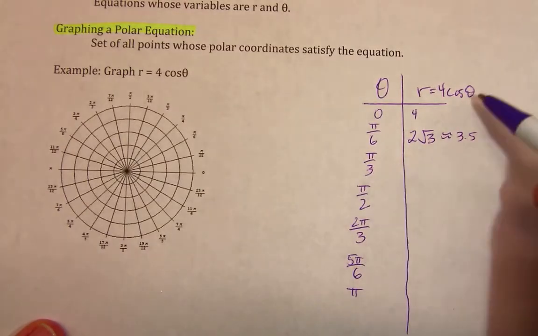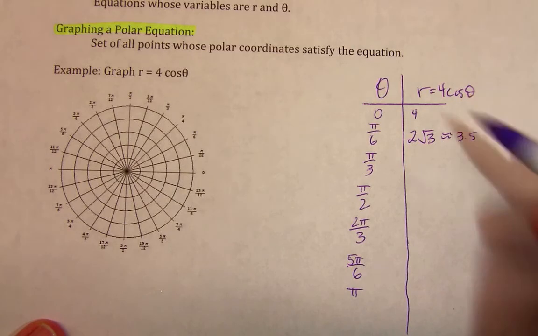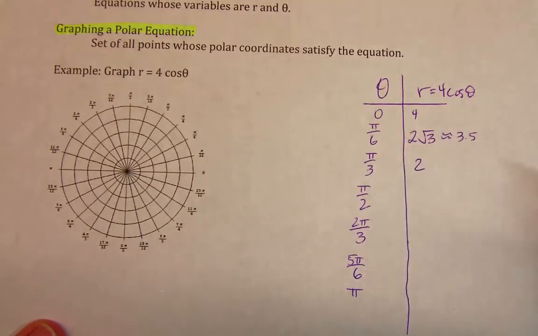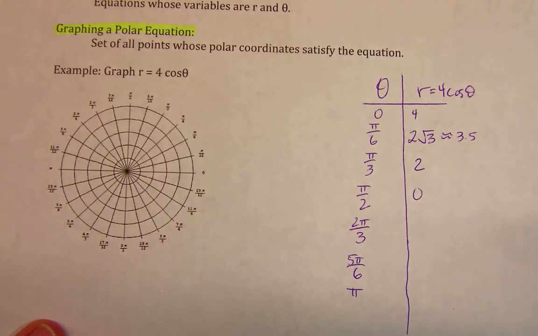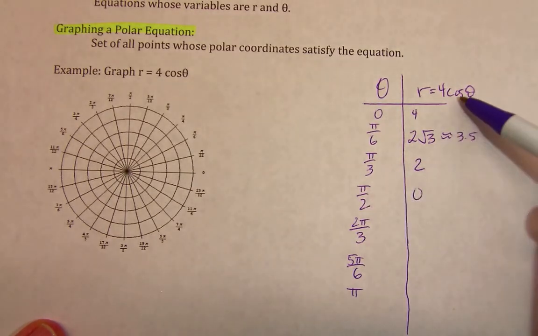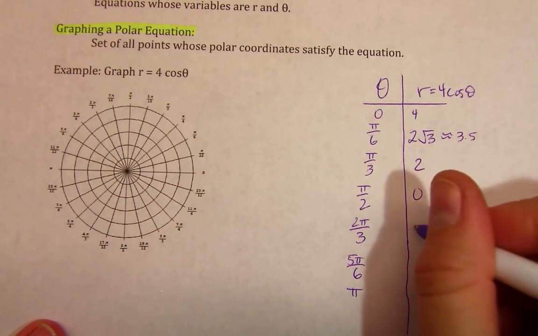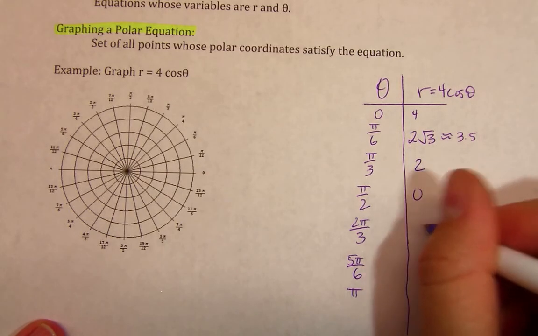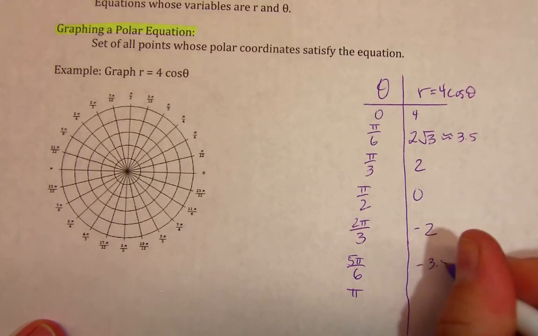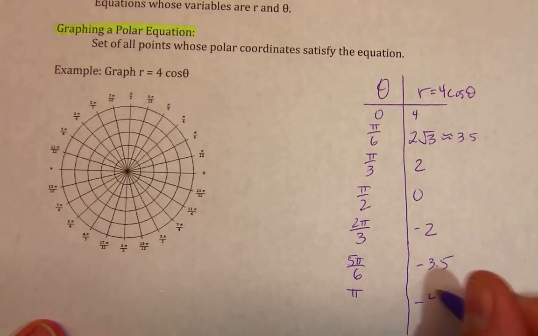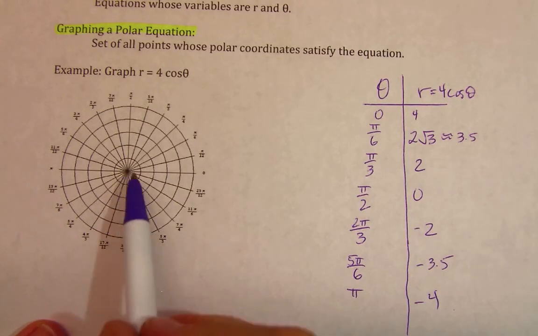Pi over 3, well, cosine of pi over 3 is 1/2 times 4 is 2. Cosine of pi over 2 is 0 times 4 is still 0. 2 pi over 3 is going to be negative 1/2, or I'm sorry, negative 2. And then negative 3.5 and negative 4. So let's go ahead and plot those points.